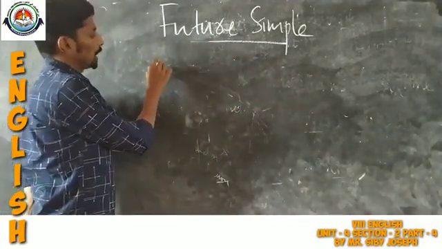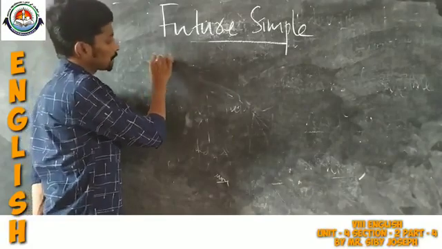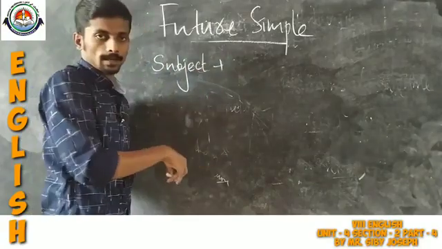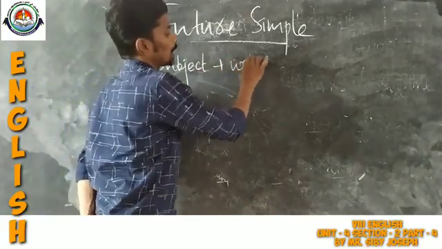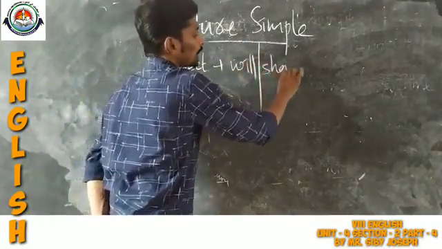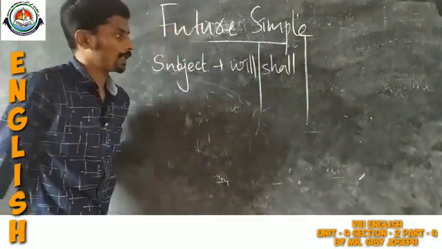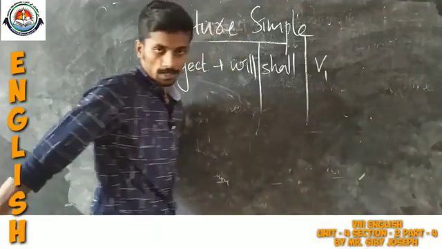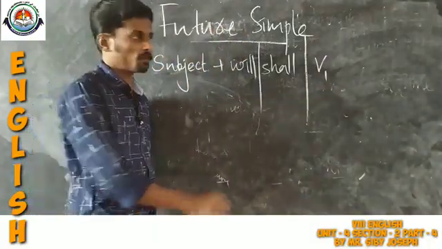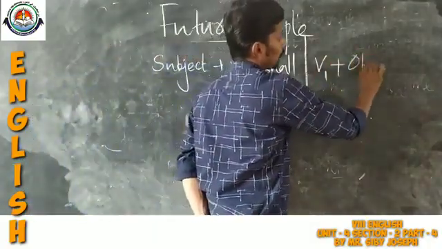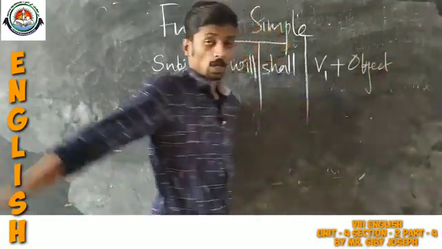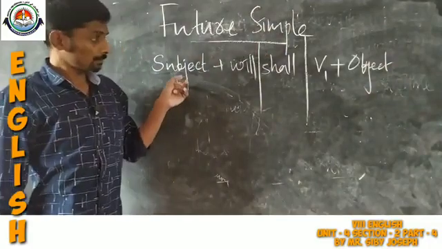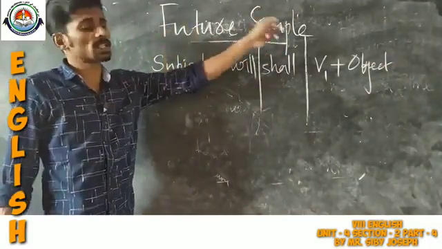We will have a subject, then will or shall, and V1, the first form of the verb, and we will have an object. So, this is the structure of future simple.